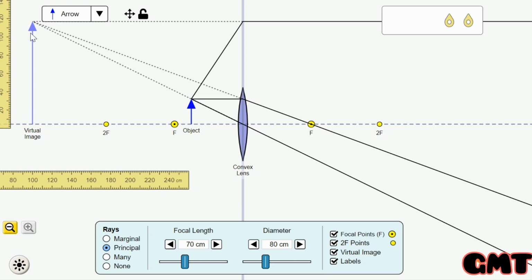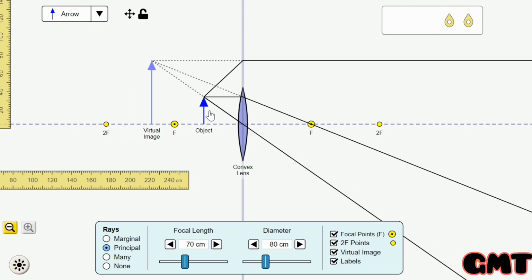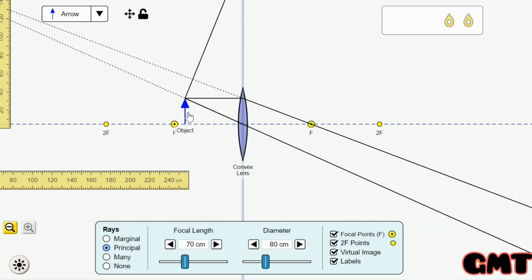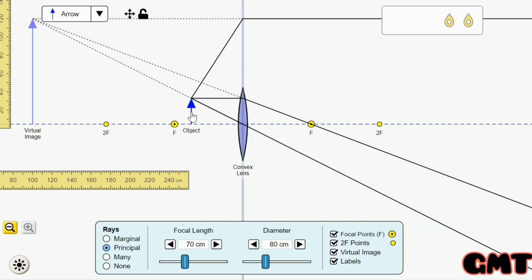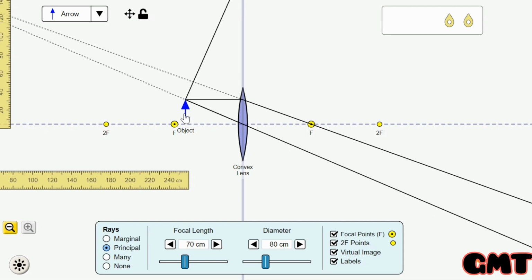The virtual image is located on the same side as the object and is always upright. This is what we call a virtual image. So this is how a convex lens forms images. It is a virtual practice that can help us to see clearly how an image is formed by this convex lens.